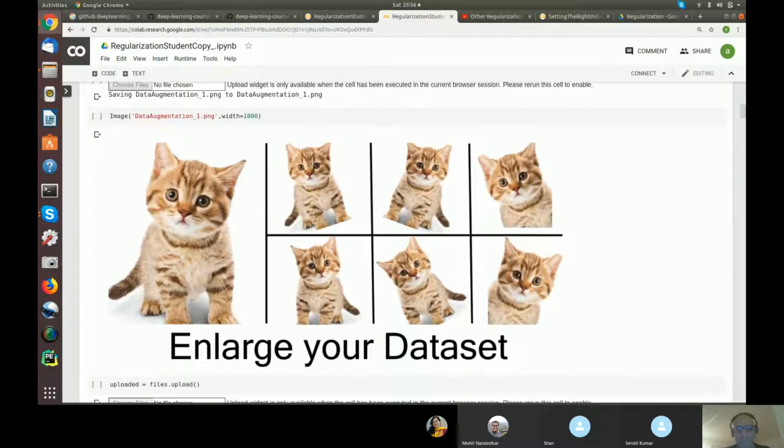our third strategy. Who doesn't like cats and dogs? So we had mentioned that we want our model's capacity to be similar to the complexity of the data.